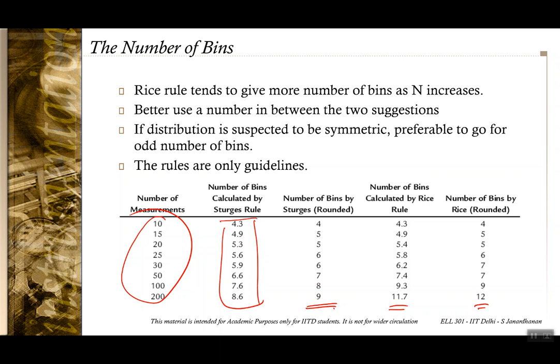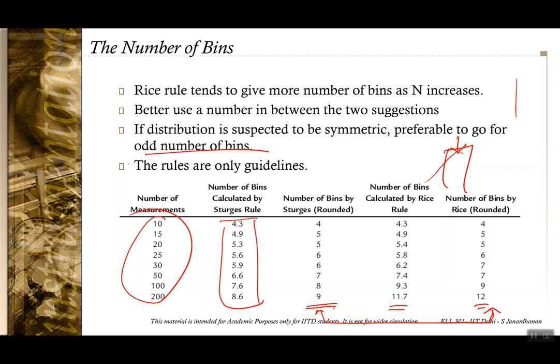Okay, so better estimate the number of bins to be between these two values, and if the distribution is suspected to be symmetric about some mean value, then it will be clever to use an odd number of bins, so there is a central bin which captures the maximum of the peak of the distribution.